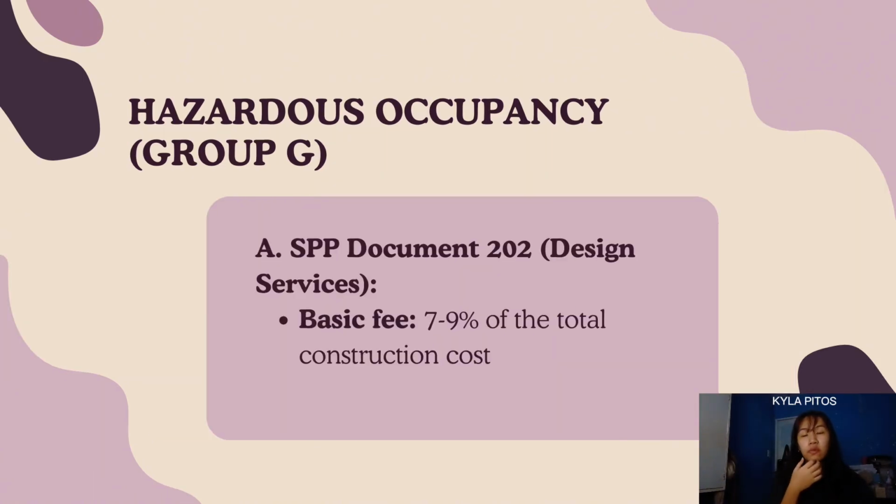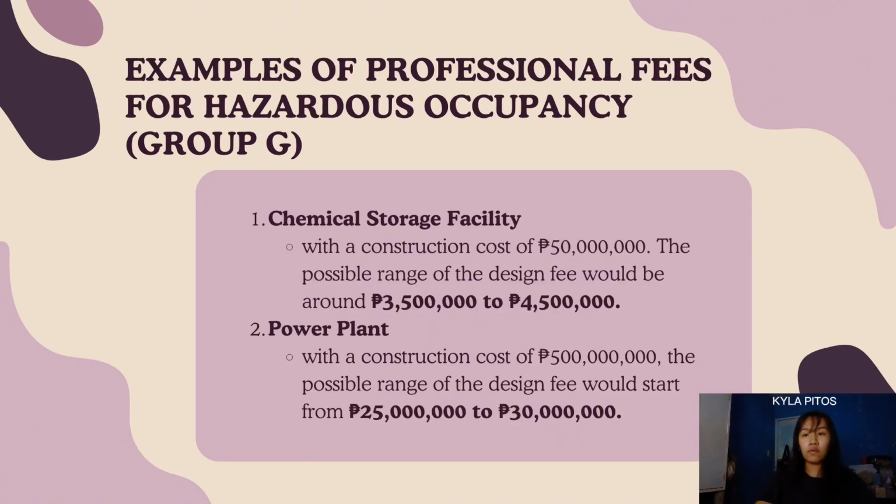Now for its examples of professional fees for this occupancy, its SPP Document 202, which is the design services, its basic fee is around 7 to 9% of the total construction cost, which is relatively higher due to the stringent safety and compliance requirements associated with the hazardous materials. Now, example number 1 of this is the chemical storage facility.